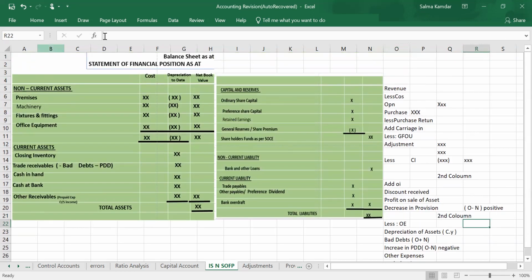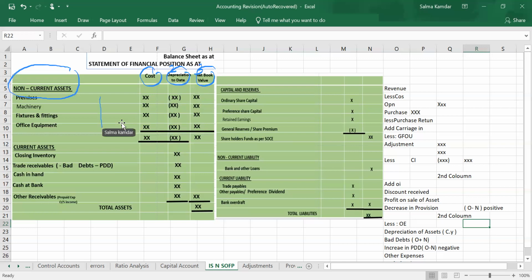Then you have your statement of financial position. In your statement of financial position, the first thing that you will have is non-current assets. In your non-current assets, you should make sure there are 3 columns. What are the 3 columns? Cost, depreciation to date, and net book value, NBV. You will write all the non-current assets that you have.